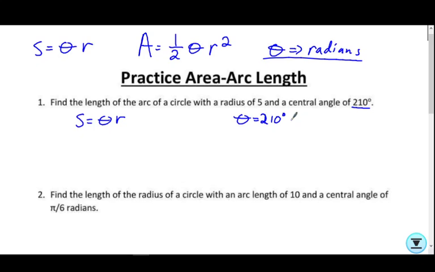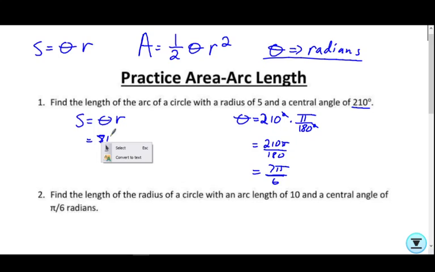So 210 degrees times pi over 180 degrees, which is 210 over 180, which reduces down to 7 pi over 6. Well, now that I know what theta is, we just plug it in. So 7 pi over 6 times the radius, which is 5.